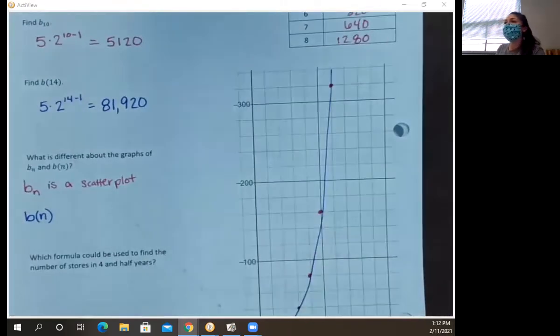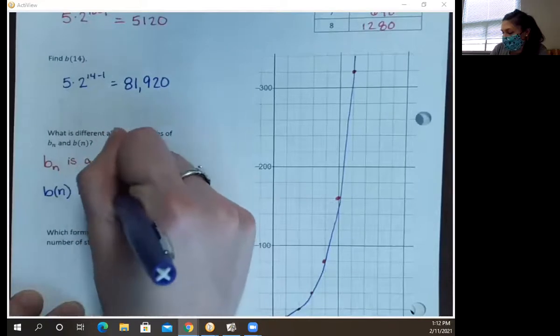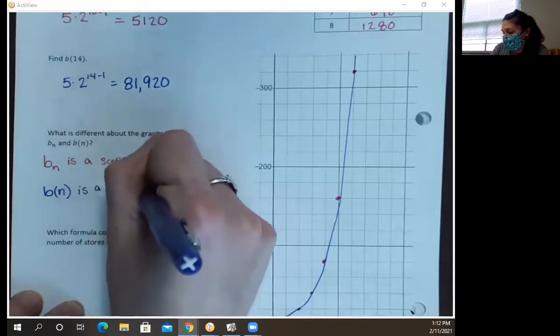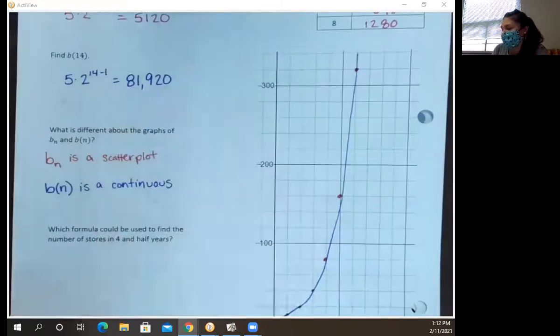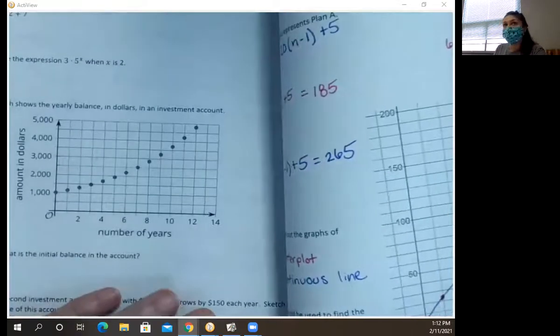Because remember, a function is continuous. It's not just those little points that we picked out from our sequence. It's all the stuff in between as well. On our last graph, we said it was a continuous line because we had a line, right?